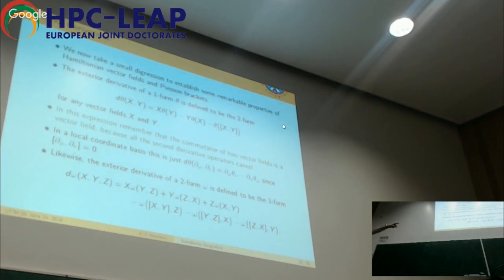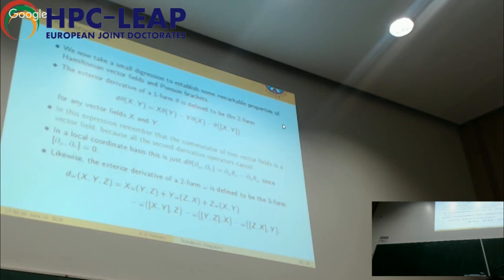And then we need to fix it up for the case where the vector fields don't commute, by subtracting omega of the commutator of x and y with z, and cyclic permutations. So again, it's totally antisymmetric. Is that unique? Yes, it's unique. We want d squared to be 0.